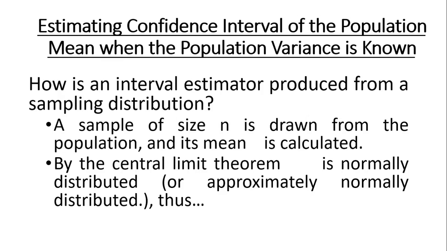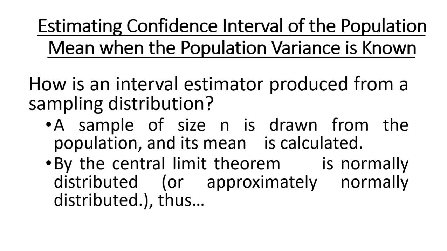So let's look at some examples of confidence interval estimation: estimating the confidence interval of a population mean when the population variance is unknown. How do we do this? How is an interval estimator produced from a sampling distribution? One, a sample of size n is drawn from the population and its mean is calculated.